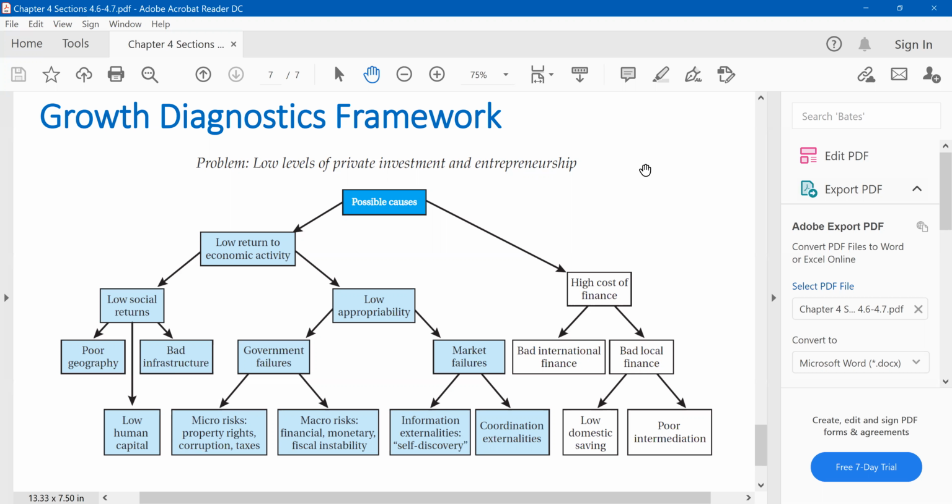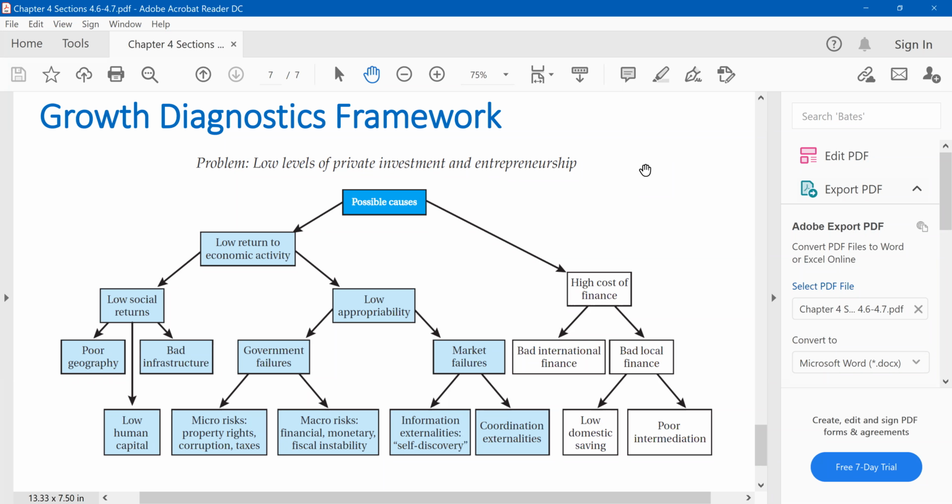For another country, you can end up at poor intermediation of domestic financial markets. All right. So that allows you to travel around the world and to diagnose, of course, using data and other particular empirical methodologies, and find the reasons. Okay.